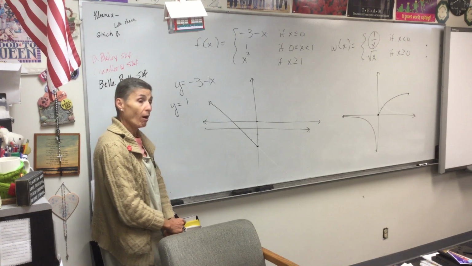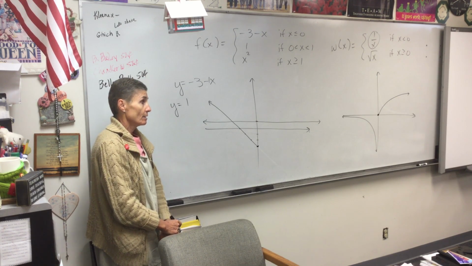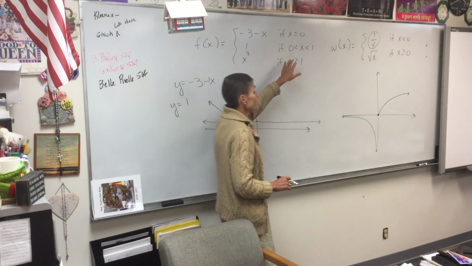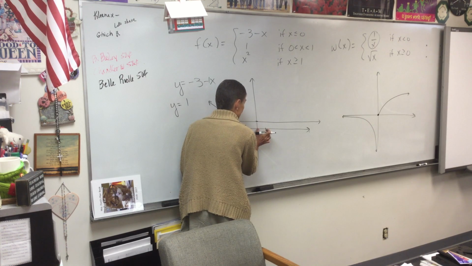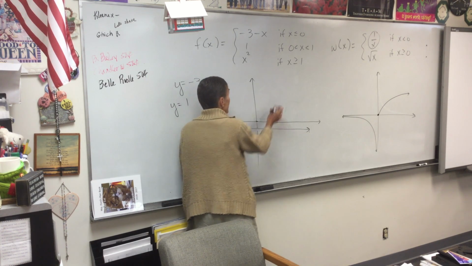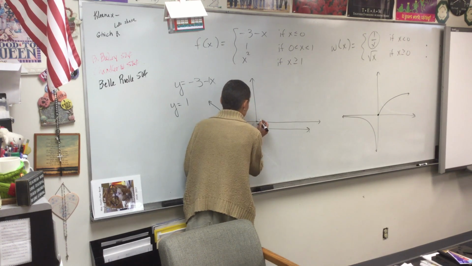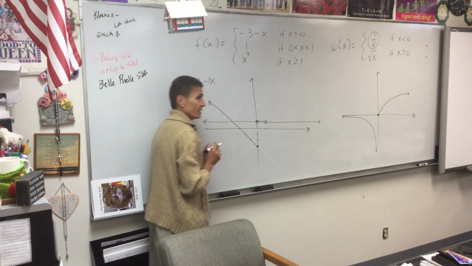Now, what part of that line do I want? Not very much of it, right? I only want the part between where x is 0 and x is 1, and neither one is included. So I'm going to put an open dot there and an open dot there, and that's the part that I want right there.